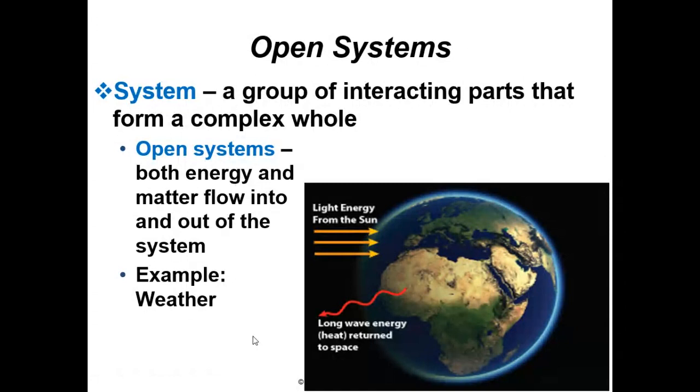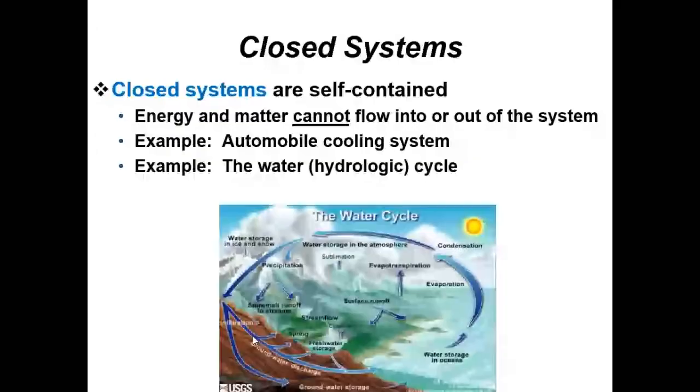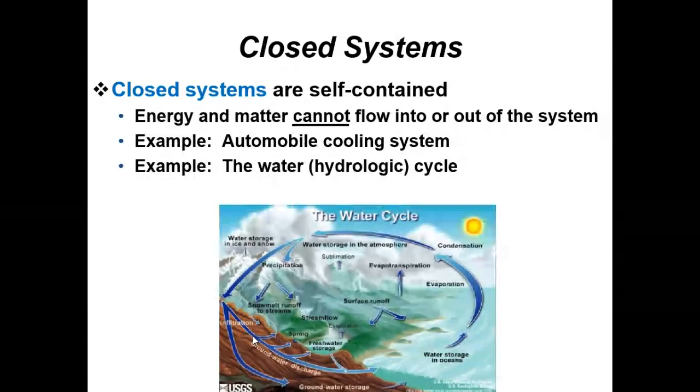Now closed systems are a little more complex because they are self-contained. As I said, energy and matter cannot flow into or out of the system. Think of this as your car. You have a coolant system that connects the engine block, the radiator, and the heating core, I believe it is.